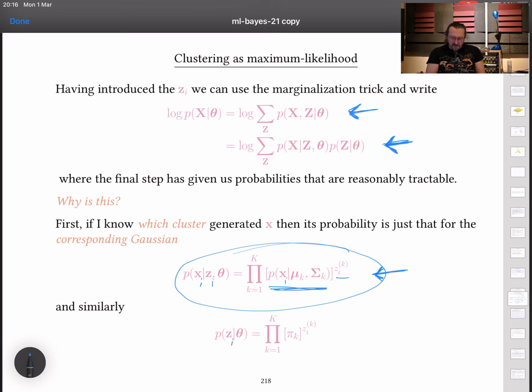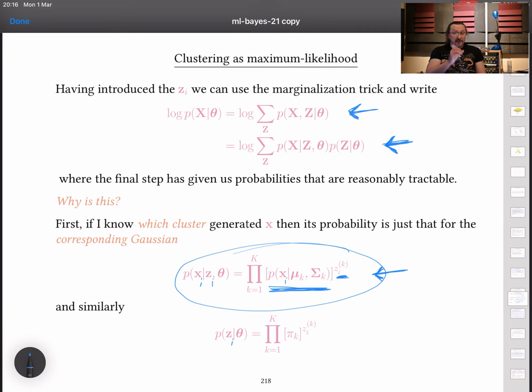Okay, so that's just saying that the probability of the ith x, if I know the latent variables and the parameters in theta, is this product, which just collapses to the probability density for the ith x for the cluster that generated it.